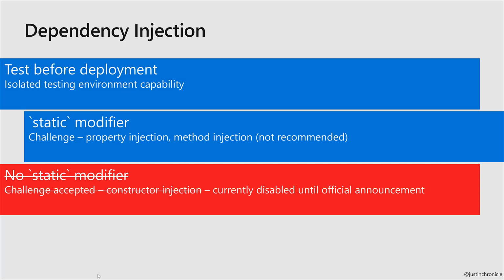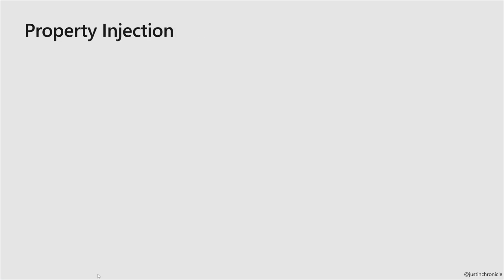I asked Jeff Holland from the Microsoft product team about this change, and the removal is unofficial yet. So until the official announcement is made, they simply disabled it for now. I was very excited, but kind of disappointed. But that's fine. We can still use other dependency injection methods anyway.